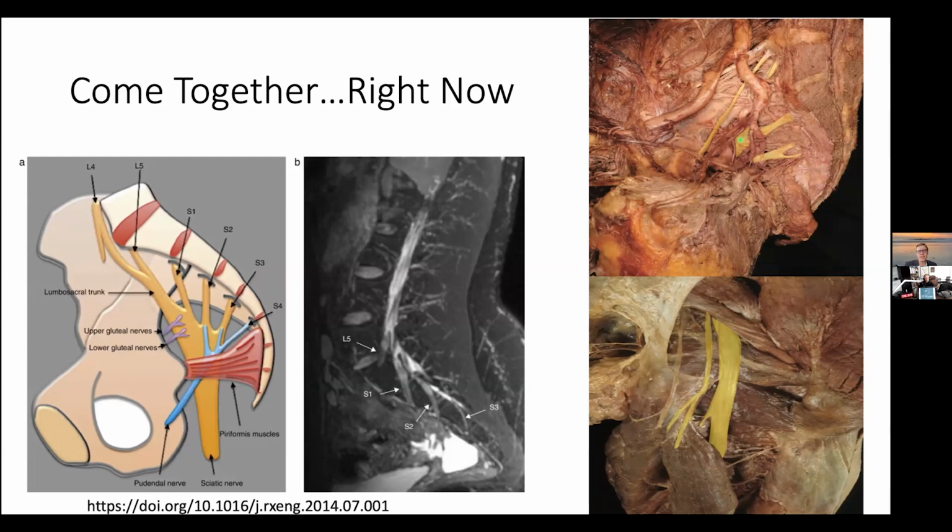So on the right, we are seeing two dissections that collectively mimic the picture that's on the left there. So top right is a partial dissection of the lumbosacral plexus on a hemisected specimen. Now you can see the bisected sacrum is right here. You can see some of those ventral primary rami of the sacrospinal nerves emerging from the sacrum and converging on a plexus.